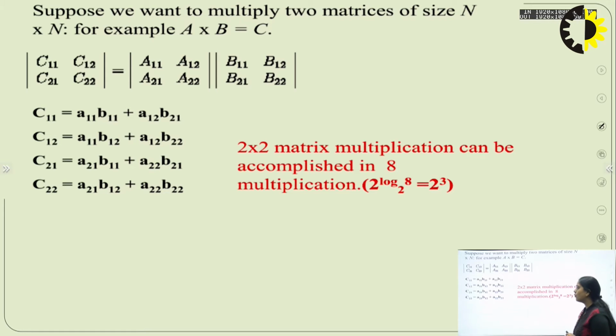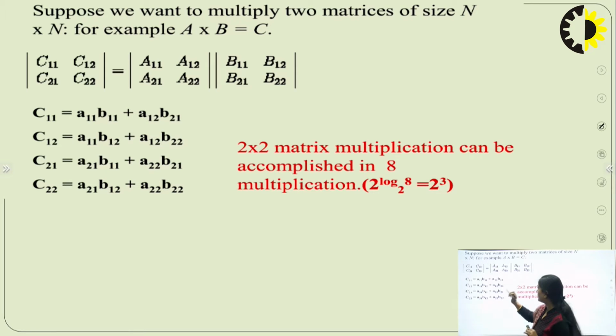As we see over here, in this particular method, we are going to do 8 matrix multiplications: 1, 2, 3, 4, 5, 6, 7, 8. We can say 8 matrix multiplications are required and 4 addition operations are there.